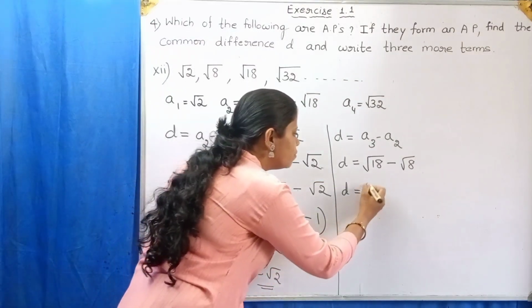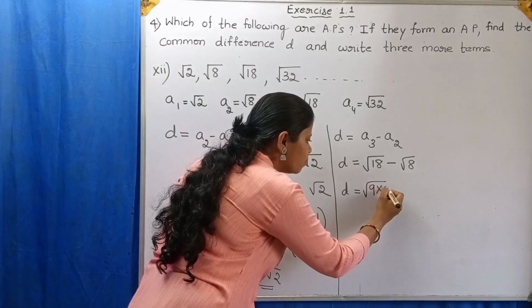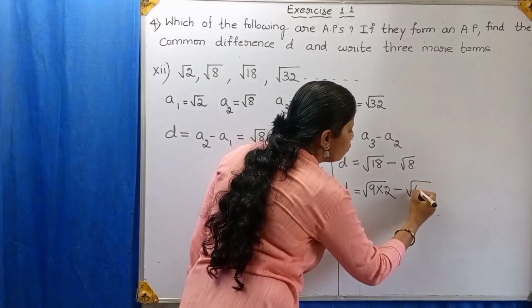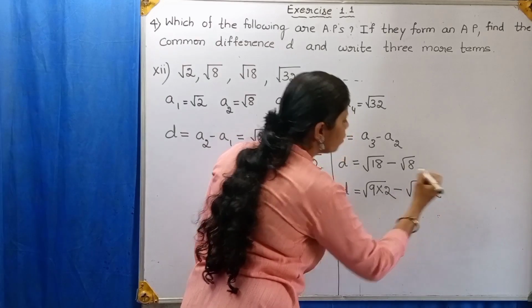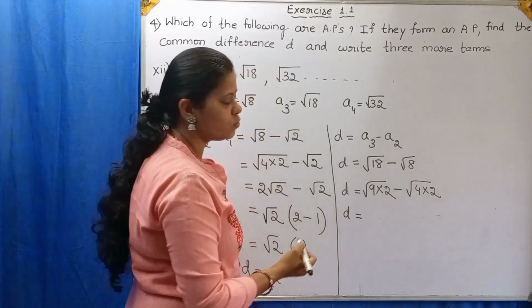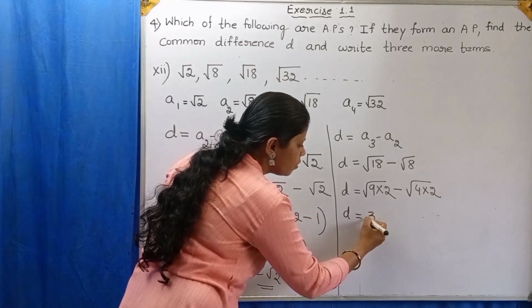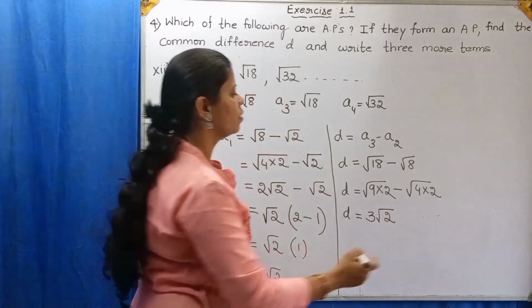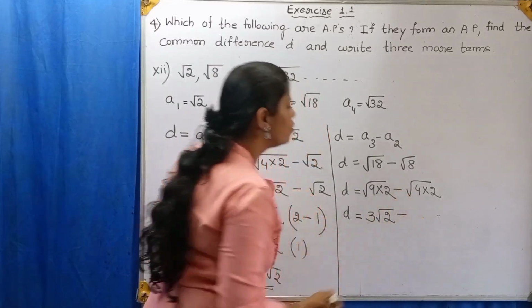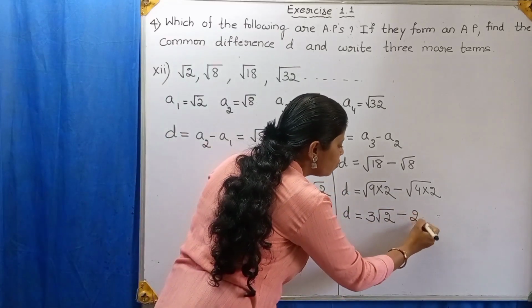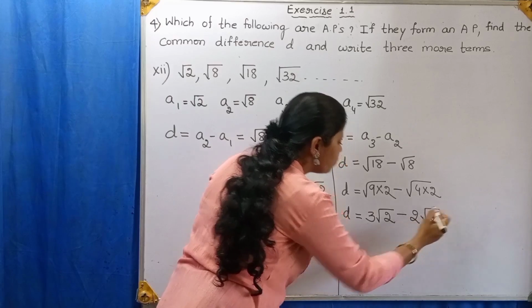Square root of 9 into 2 minus square root of 4 into 2. d is equal to square root of 9 is what? 3. Therefore, it will become 3 into square root of 2 minus square root of 4 is what? 2. 2 into root 2.